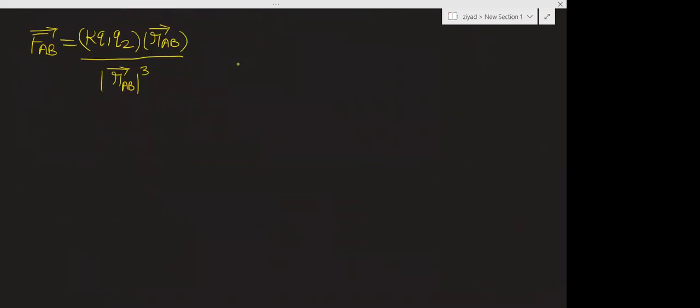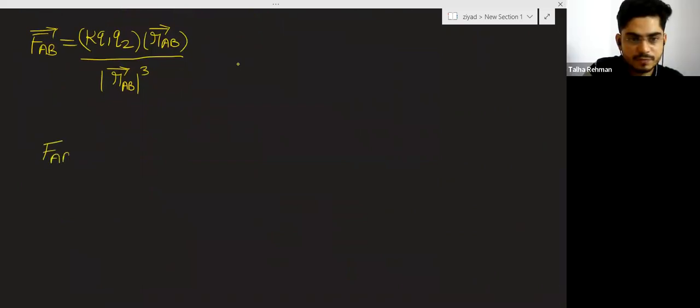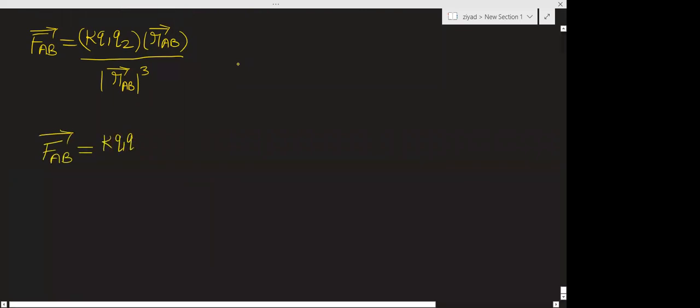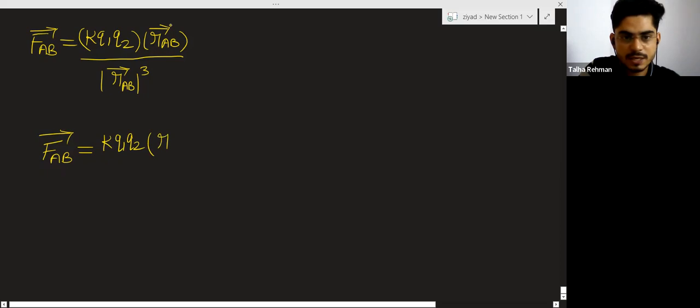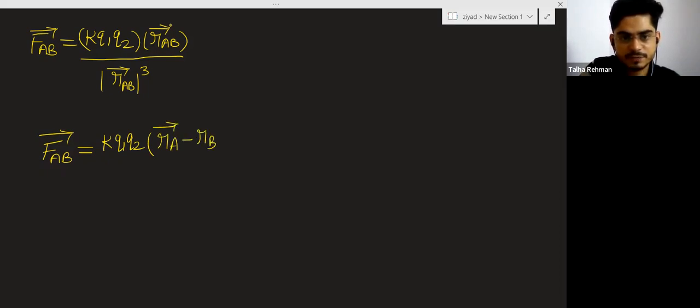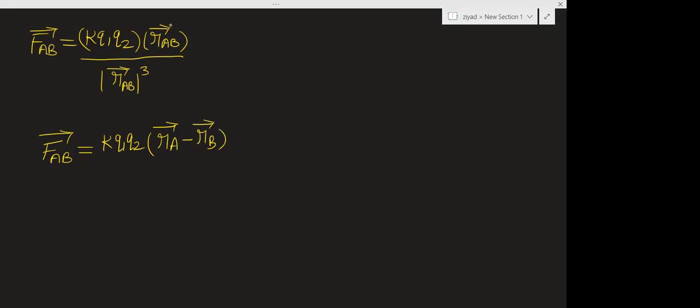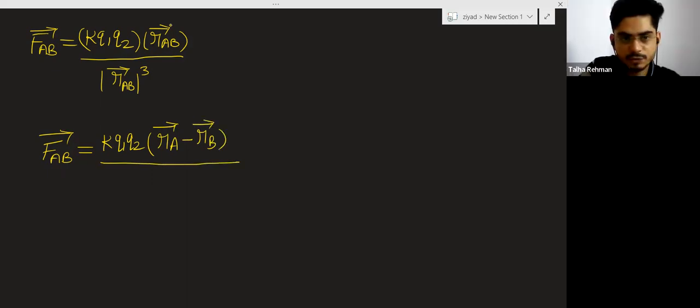So for F_AB vector, you will write k Q1 Q2, instead of this, r_A vector minus r_B vector, and divided by, you can again write here, r_A vector minus r_B vector and the cube of this.